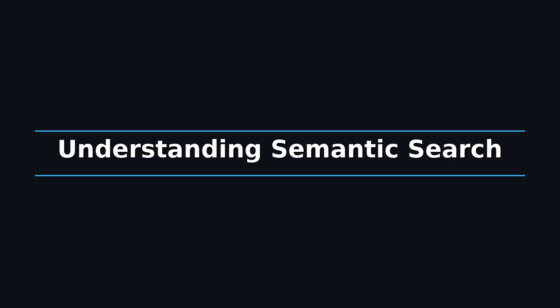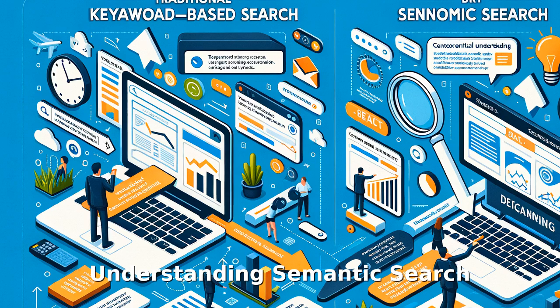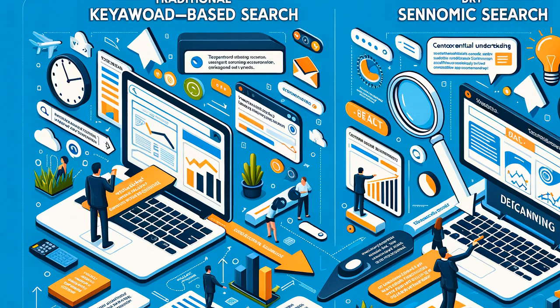To appreciate the power of the Gemini Embeddings API, it's essential to understand what semantic search entails. Unlike traditional search techniques that match queries to documents based only on keyword frequency, semantic search leverages the meaning behind words. This means it can interpret synonyms, context, and even user intent.